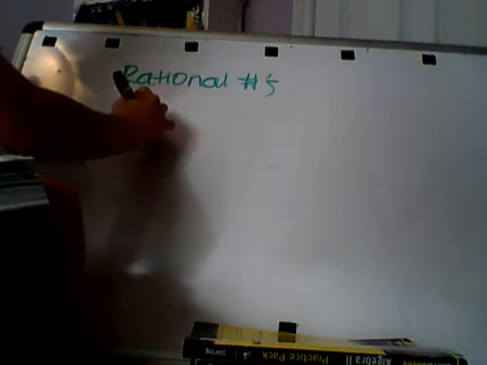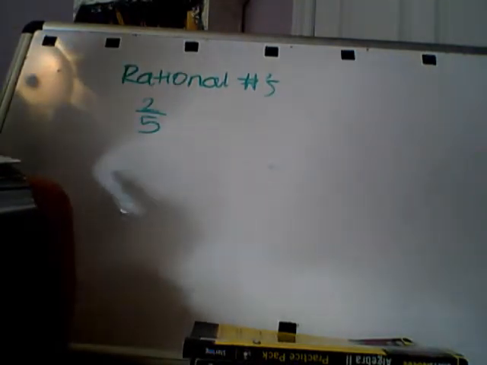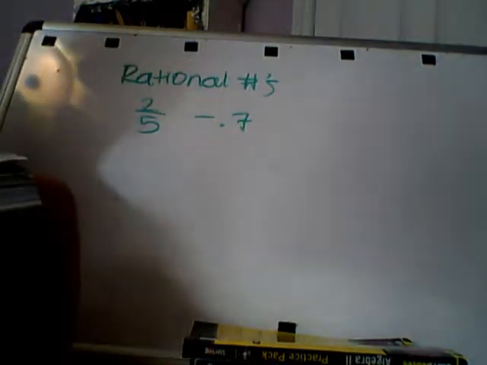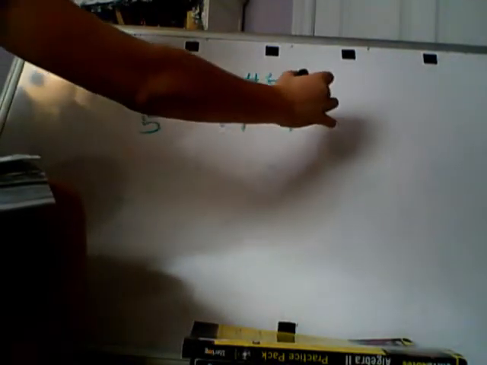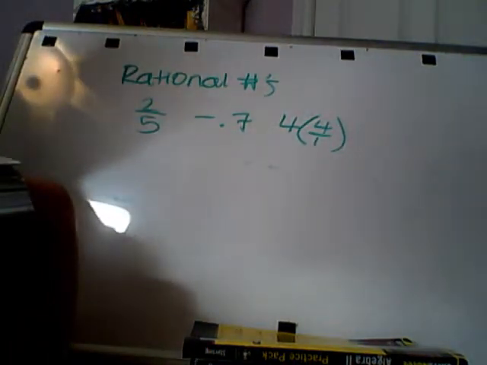Well, 2/5 is a rational number. Negative 0.7 is a rational number. And 4 is even a rational number because it can be 4 over 1, and it ends. Rational is another word for reasonable number, meaning it doesn't go on, and it can stop.